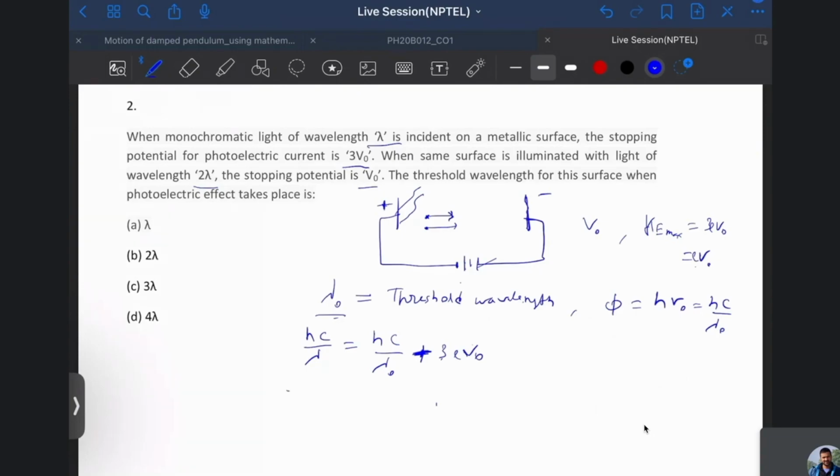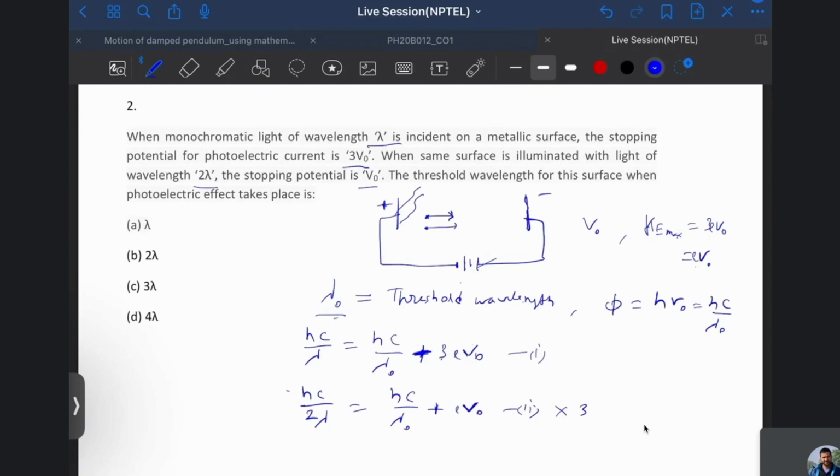For the 2 lambda, we can write the same equation as hc by lambda naught plus the kinetic energy eV naught. So we have two equations. What we can do is multiply this by 3 and then subtract from the above equation.